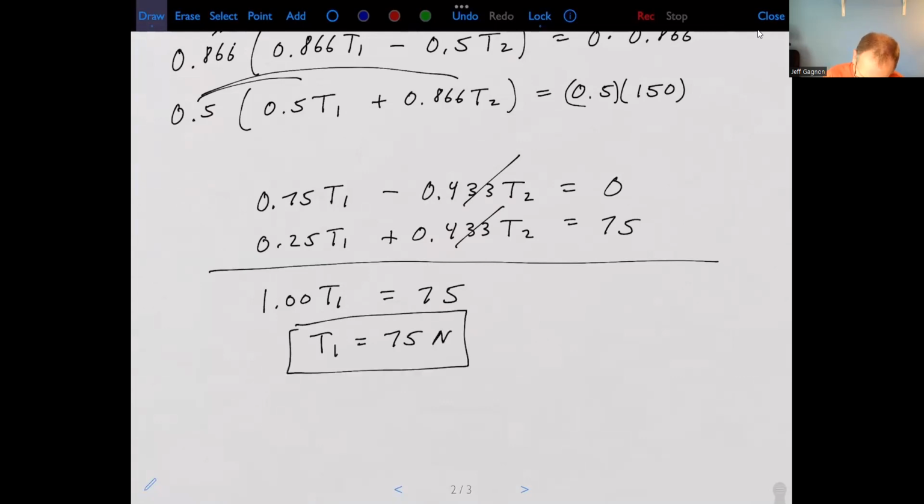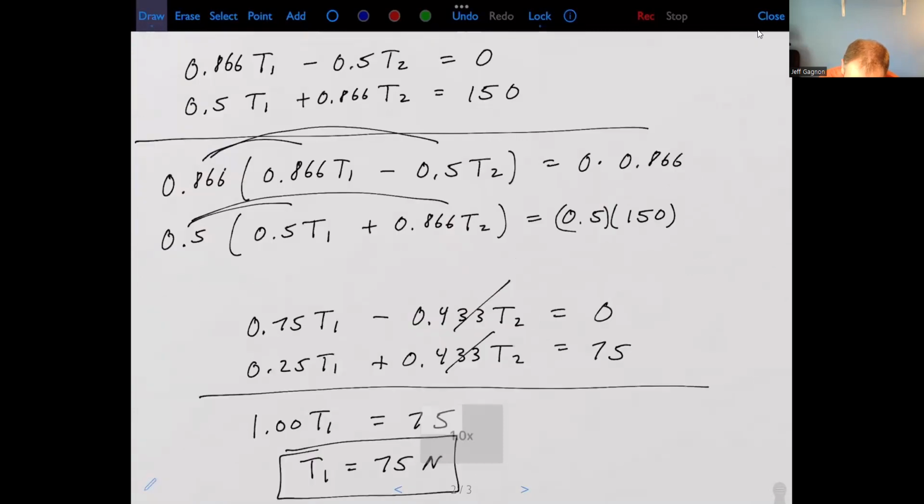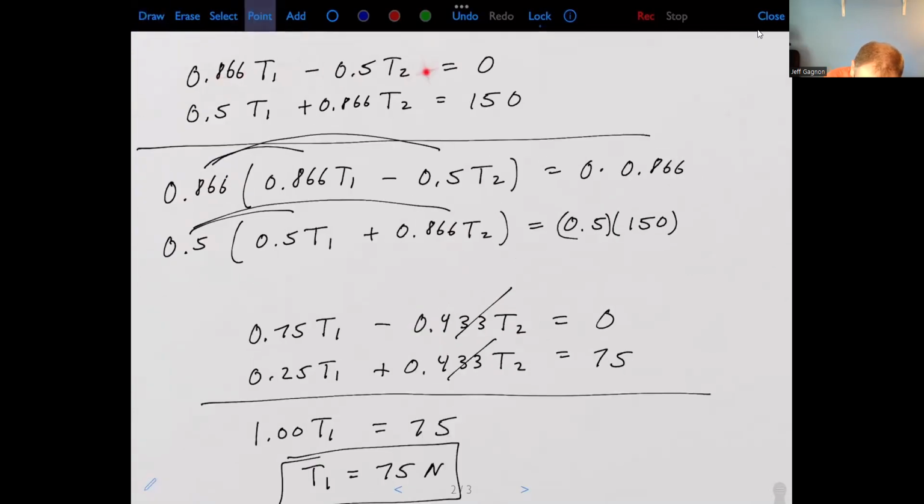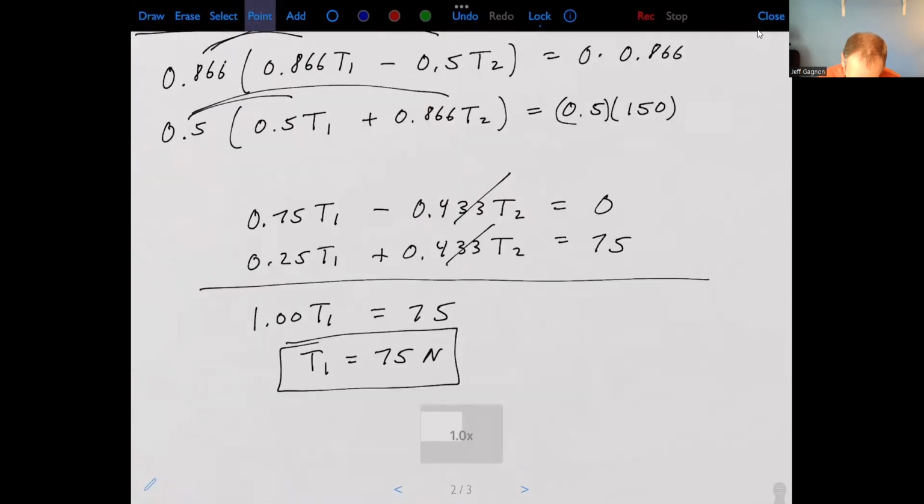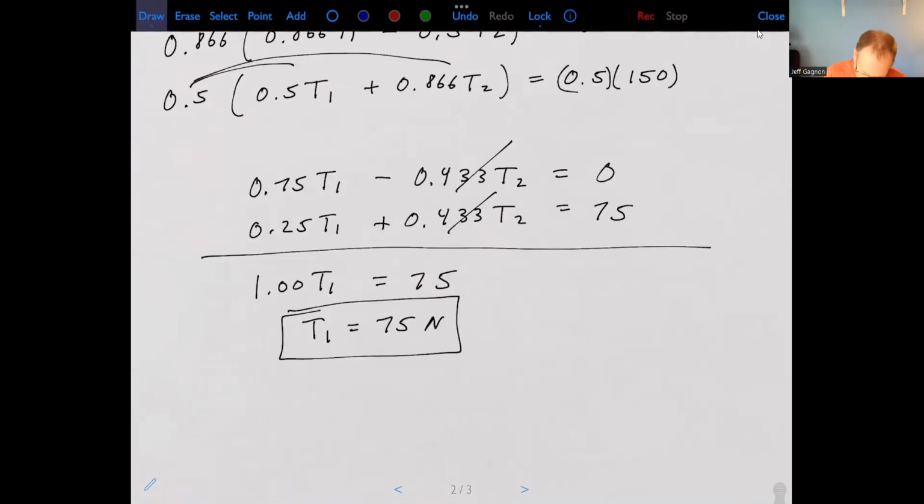Okay, so we got T1. How do I go back and find T2? Well, I plug back into one of these two equations. I can use either one. Maybe the first one's a little bit easier. So for that first equation, I have 0.866 T1 minus 0.5 T2 is equal to 0.